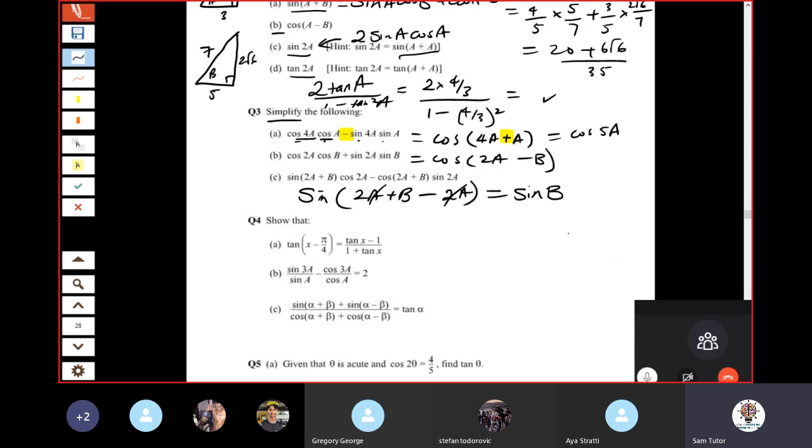Any questions there? Wait, can you do the last one again? Yes, of course. So, just quickly tell me, can you see that it becomes a sine firstly compared to a cos? Can you realize this? Yeah, great. What's your first angle? So 2A plus B. Isn't this your whole angle?